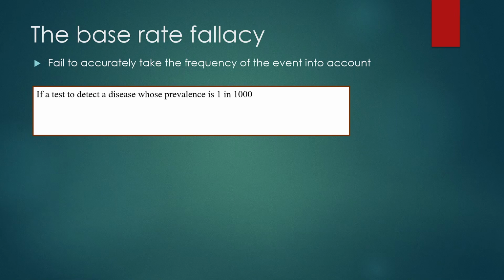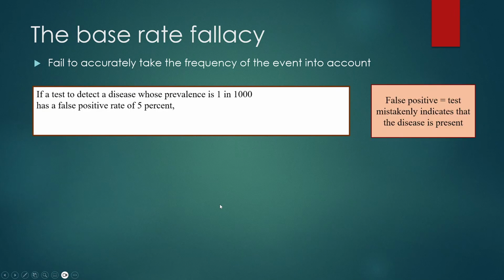So let's say that we have a test for this disease that 1 in 1,000 people have. And let's say that that test has a false positive rate of 5%. False positive means that the test mistakenly indicates that the disease is present when it really isn't. So it has a 5% chance of telling you that you have the disease when you really don't.